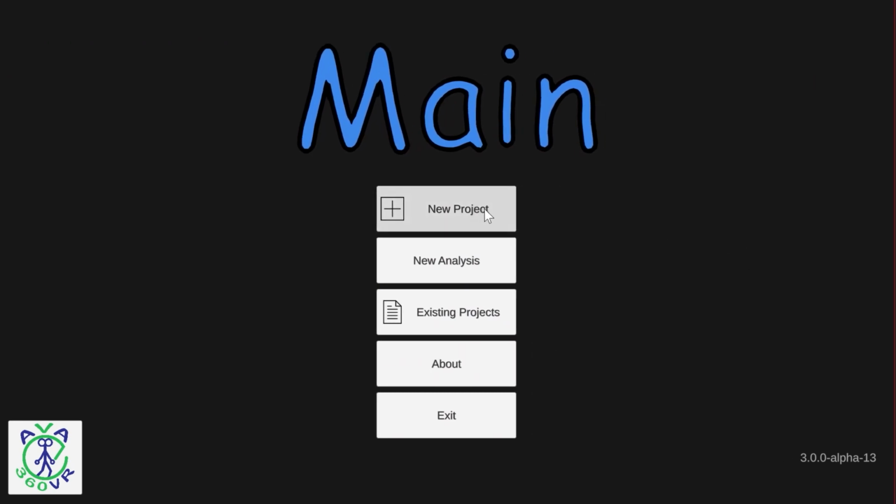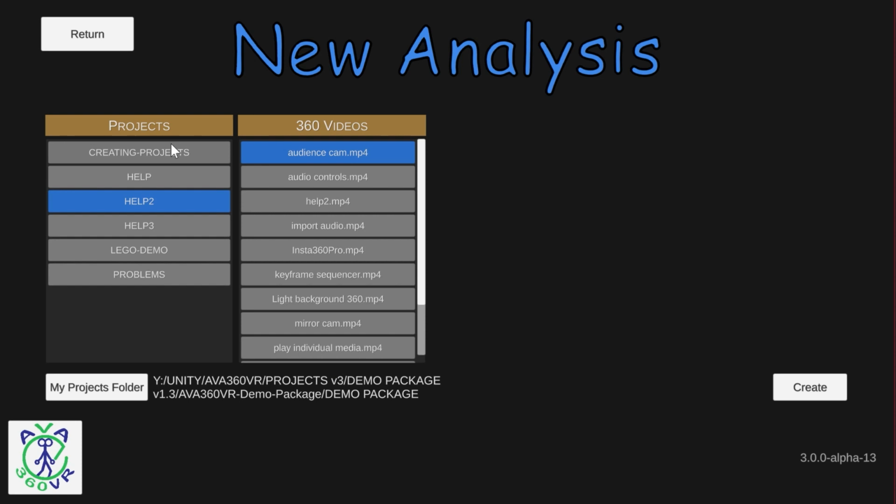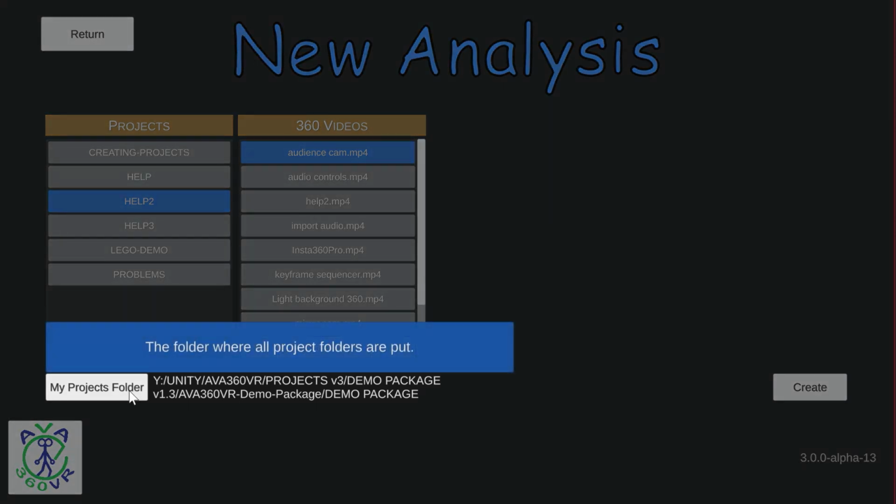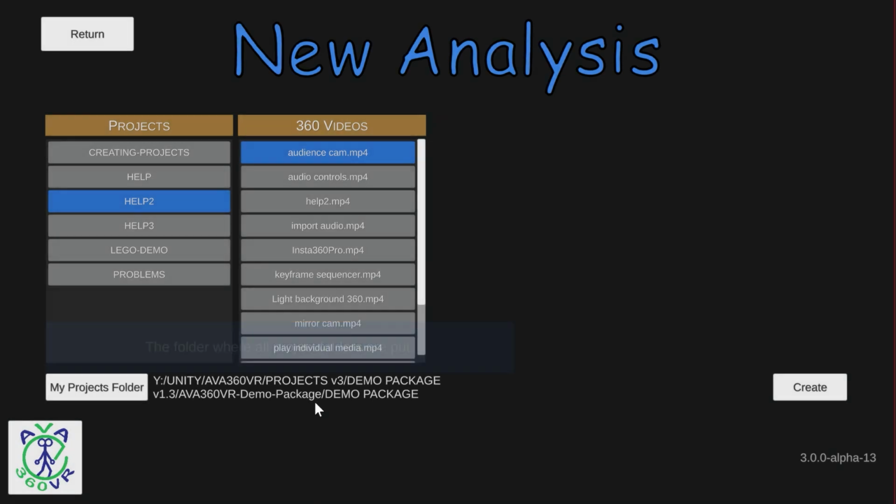well, that's the new project, which we didn't complete because we don't want to open a project right now. You could also make a new analysis, and if you click that, you'll see that we are currently in the demo package and in that project folder, and you could search for a different project folder if you wanted. But we'll just stay here.